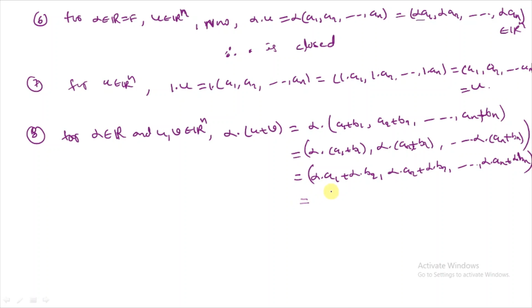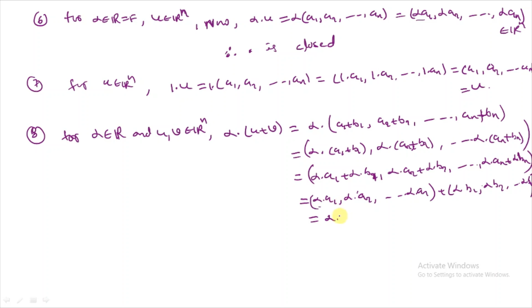This one can also be written as alpha dot a1, alpha dot a2, and so on, alpha dot an, plus alpha dot b1, alpha dot b2, and so on, alpha dot bn.